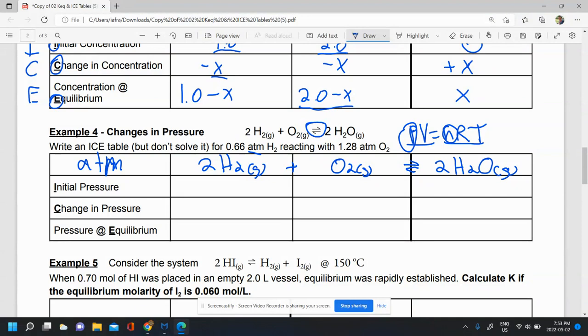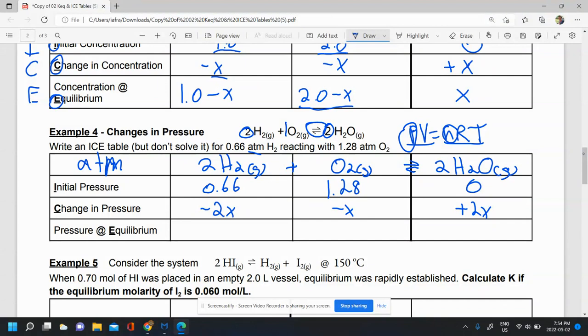So here we're going to put our initial pressure, which is 0.66 ATM for H2 and 1.28 ATM for O2 and 0 for H2O. Notice the coefficient in front of the H2 is 2, so we're going to lose it, but it's minus 2x rather than x. In front of oxygen, it's 1, so minus x. And in front of this H2O, it's 2, so plus 2x in this case because we're making H2O.